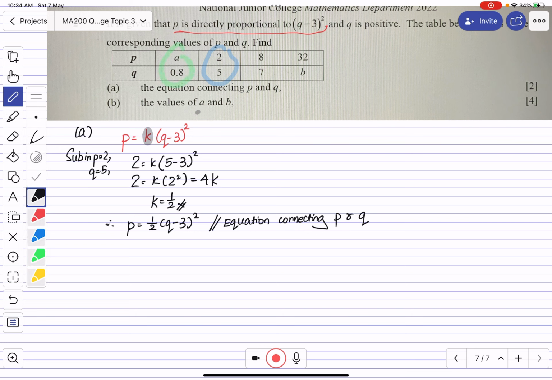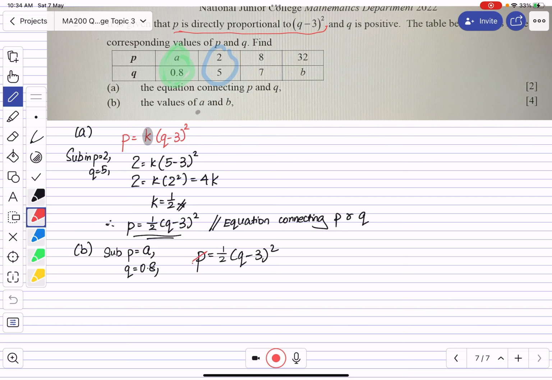I'm going to substitute P equals A and Q equals 0.8. I must substitute back into the equation we found: P is half of (Q minus 3) squared.